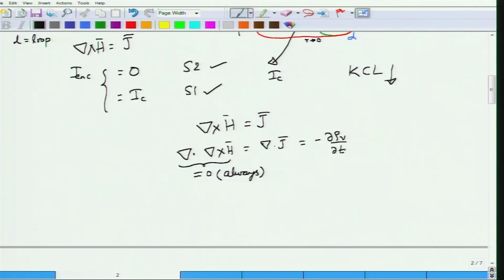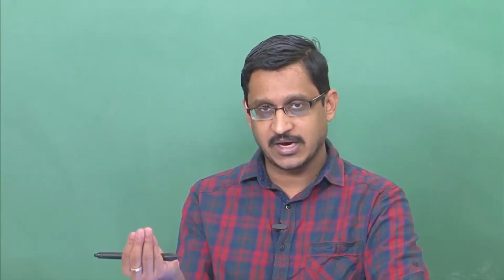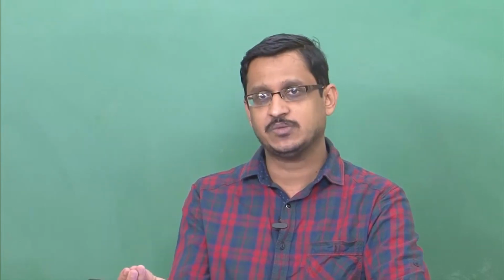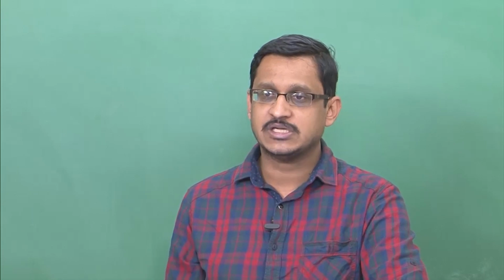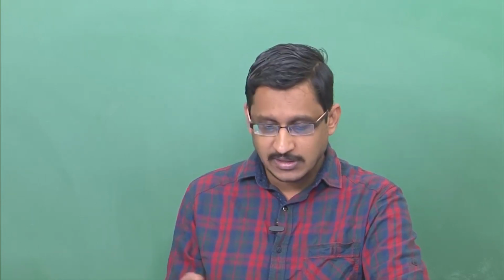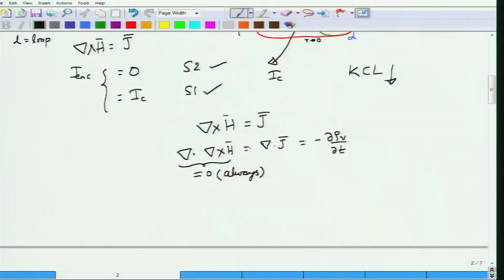Now if there are charges which are vanishing in a given region of space, I cannot always say that rho_v is 0 there. There is some charge, and this charge configuration is changing with time. So I cannot all the time say that del dot J is equal to 0. So clearly something is wrong.